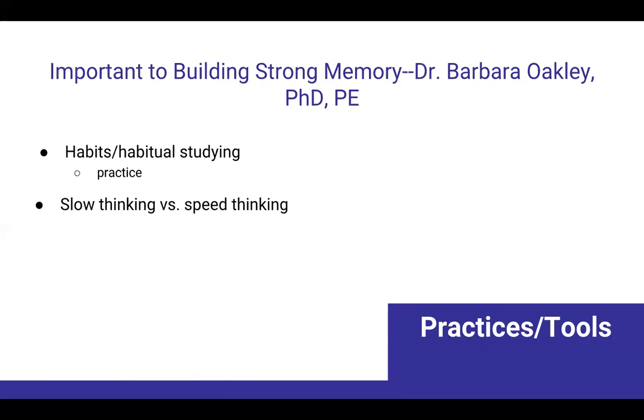Whereas slow thinkers, because they take their time in learning and reflecting, are noticing things that a speed thinker might not notice, important details, and there's creativity at work in the brain.